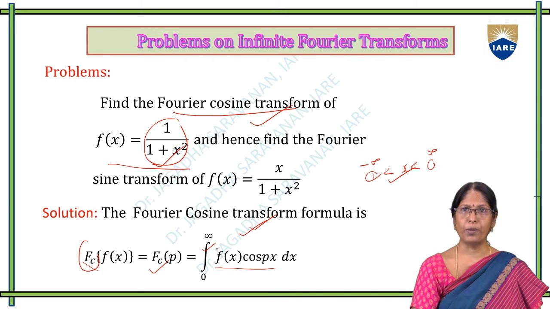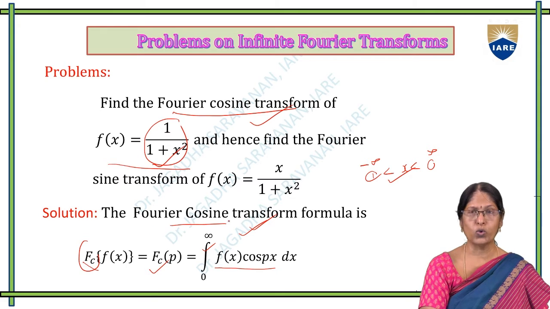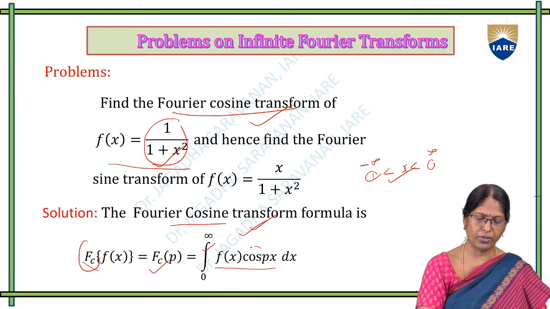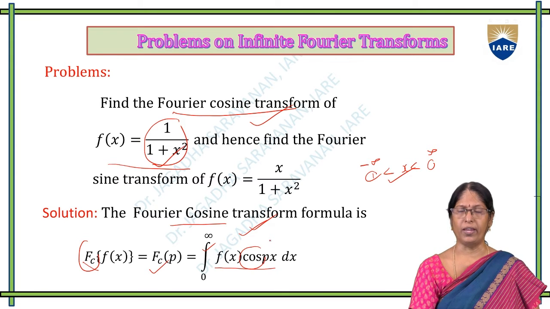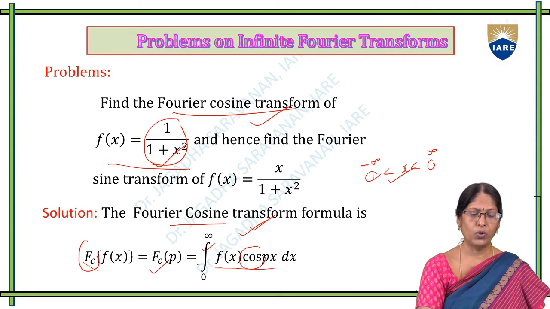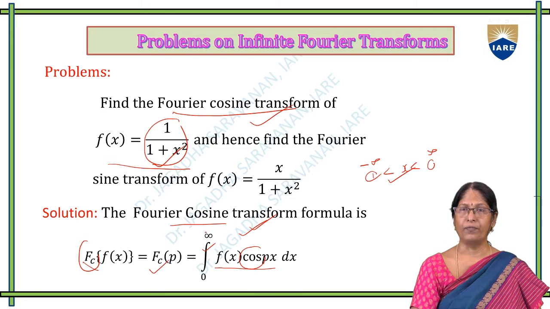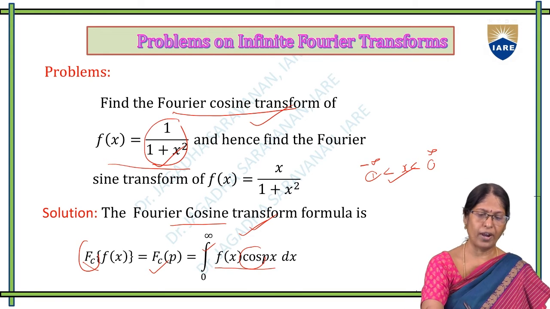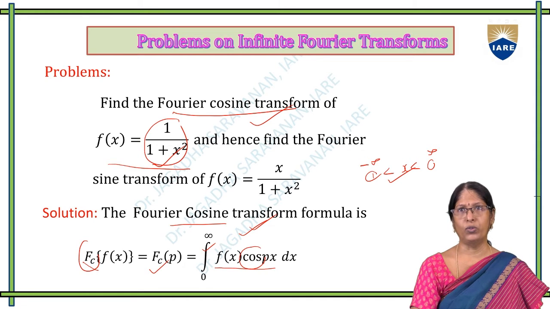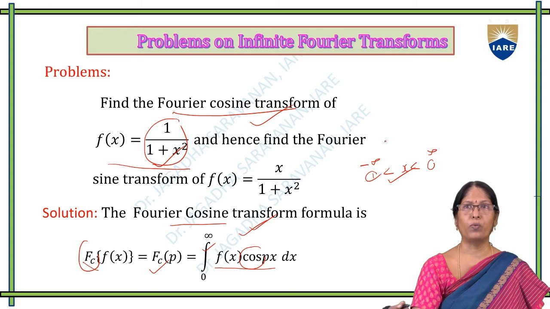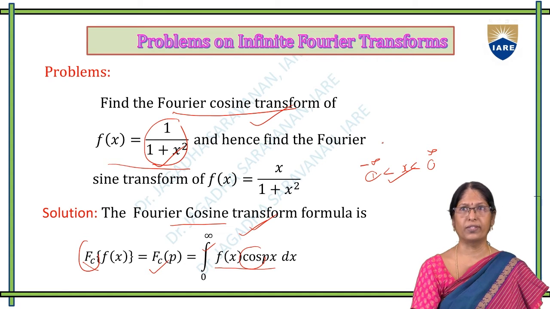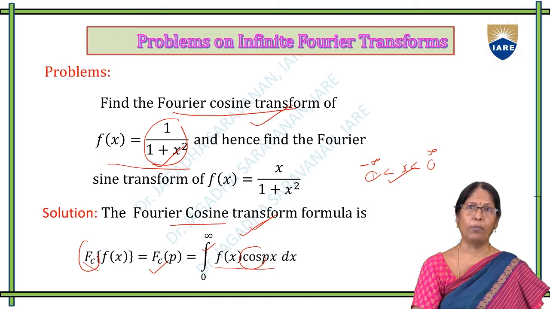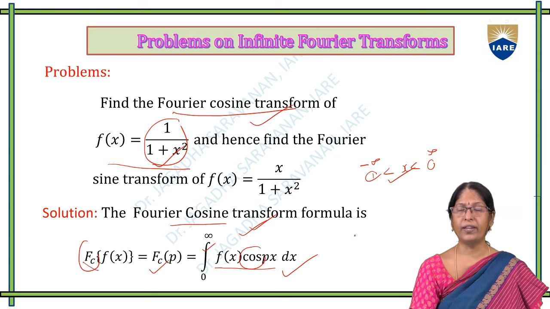An easy way to remember: if it is Fourier cosine, the trigonometric term cos will dominate in the formula. Limits are 0 to infinity. If no information is given about the interval, then by default we select infinite. So we selected the infinite Fourier cosine transform.